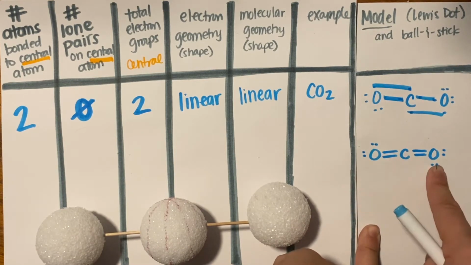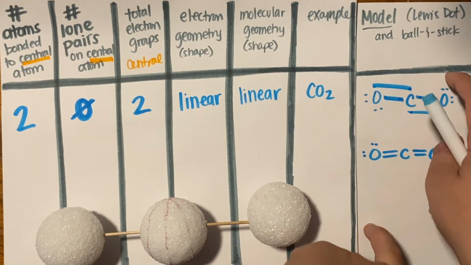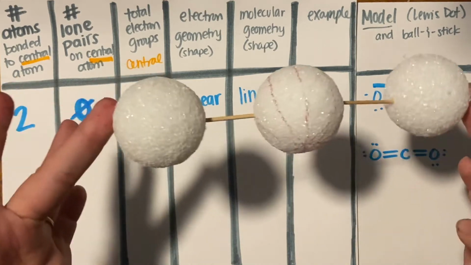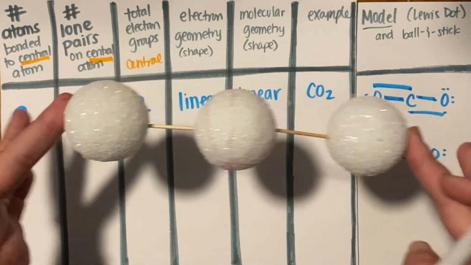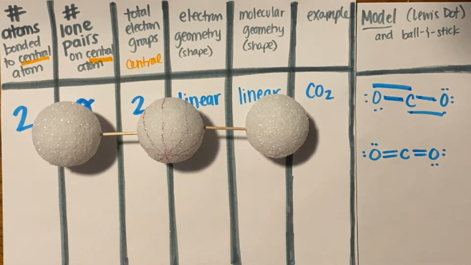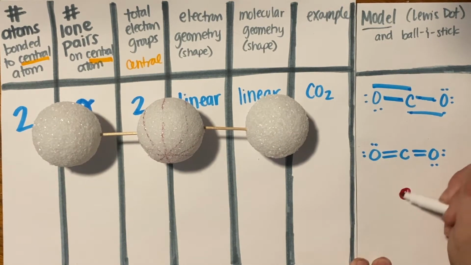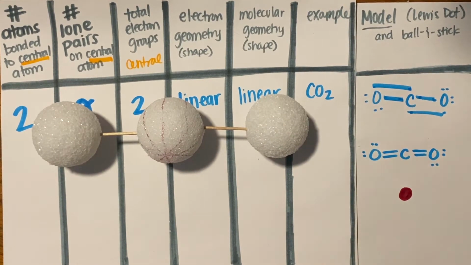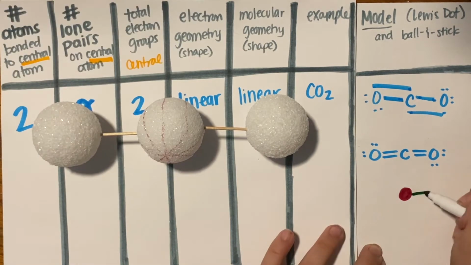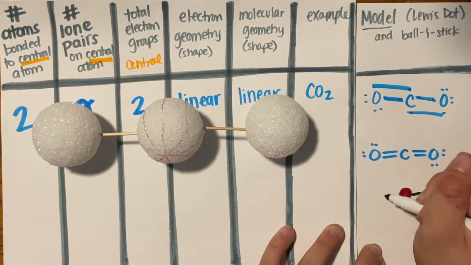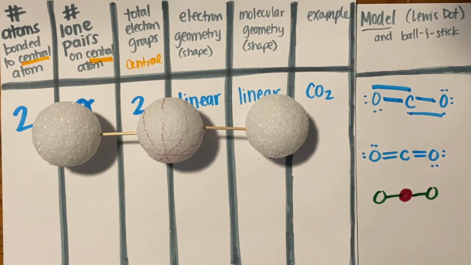Now this is my Lewis dot structure, okay, of my example. If I wanted to draw it, literally they call it a ball and stick model, okay? You got it, just like this, okay? If I wanted to draw out that ball and stick model, okay, I literally show I've got my central atom, and coming off of my central atom is an atom over here and an atom over there, okay?